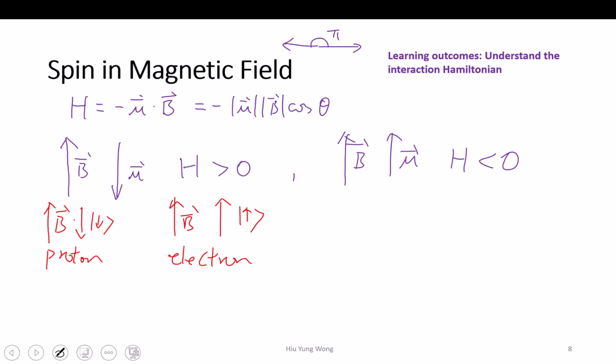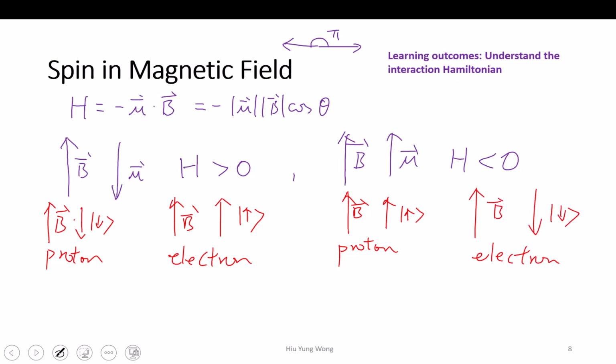And similarly, for the proton, when the magnetic field is pointing up and your magnetic moment is pointing up, it means you are spin up. This one gives you a lower energy. But for the electron, when your magnetic field is pointing up and the magnetic moment points up, it means the spin is pointing down. This one gives you a lower energy, right?